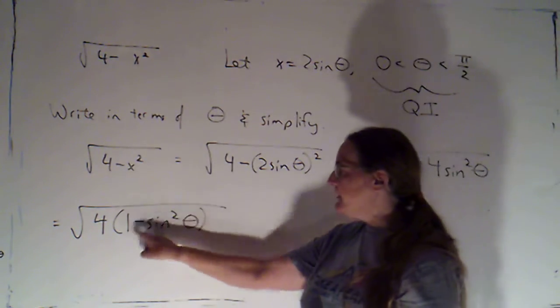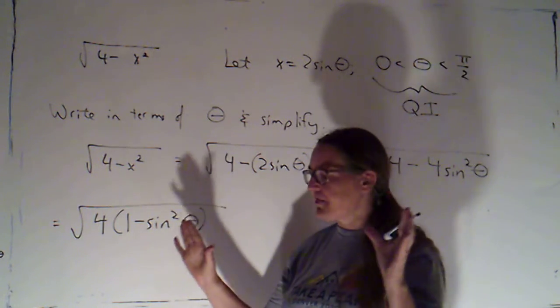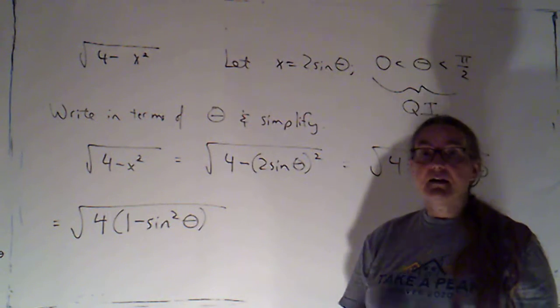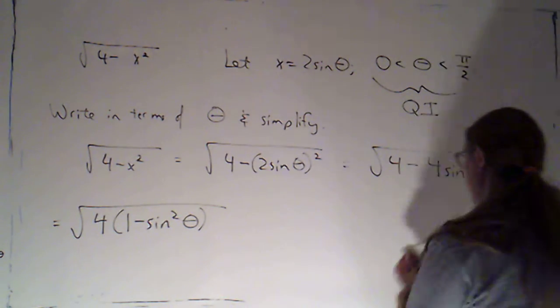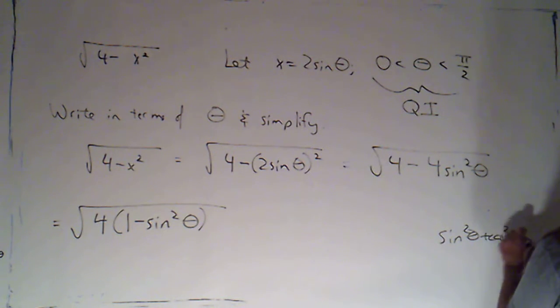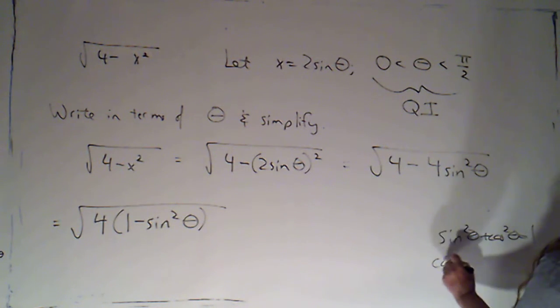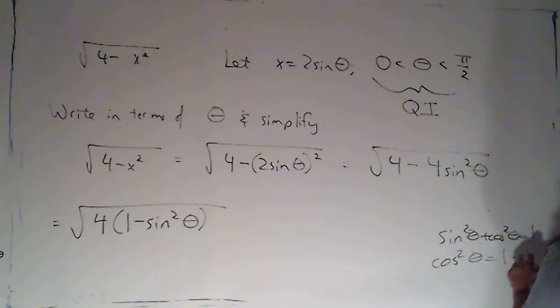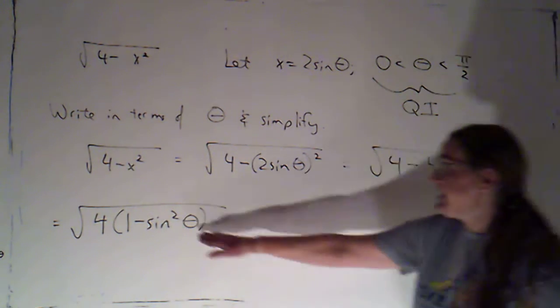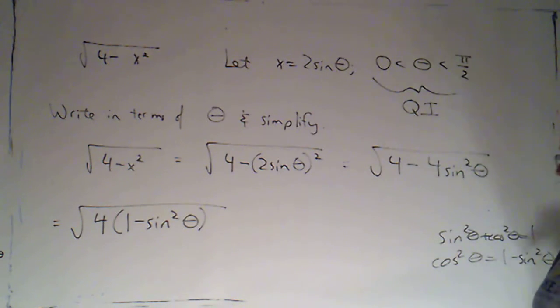I see a 1 and a trig function squared. I'm thinking Pythagorean identity. And that's actually just a rearrangement of the basic one. If sine squared plus cosine squared equals 1, you write that off to the side. That means that cosine squared is 1 minus sine squared. And if you're comfortable seeing that without writing out this side work, that's fine.